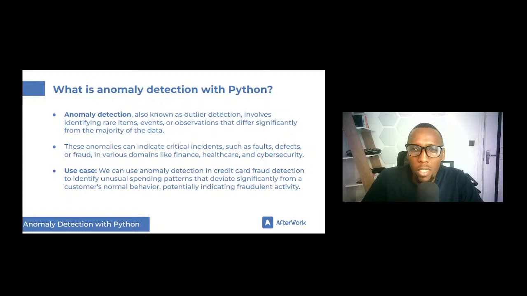And these anomalies, or records that differ significantly from the majority, normally would indicate critical incidences, faults, defects or even just fraud. So it depends on the domain that you would be working in.